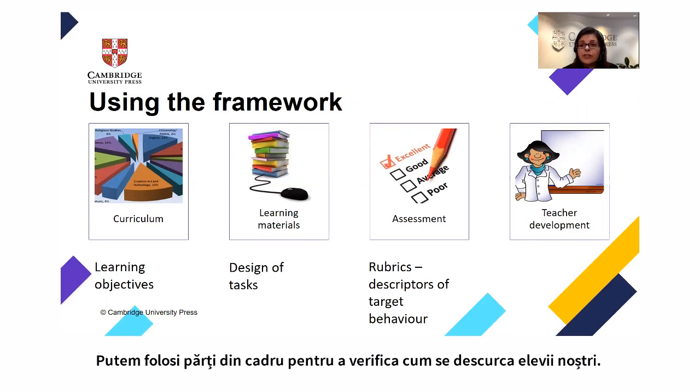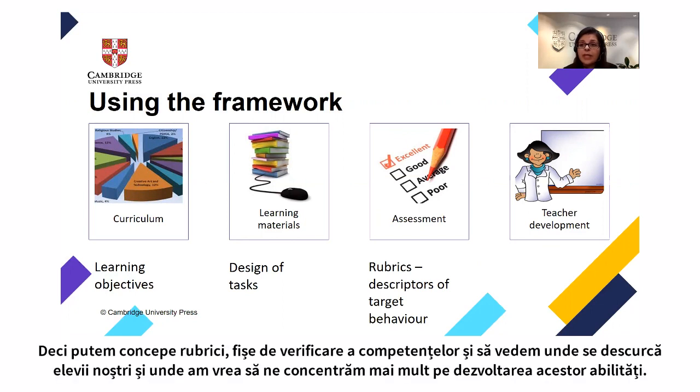We can also then use these parts of the framework to assess how our students are doing. So we can put together rubrics or checklists of the competencies and the breakdown of the competencies to see where our students are already doing well in these things and where we might want to focus more on developing those skills.